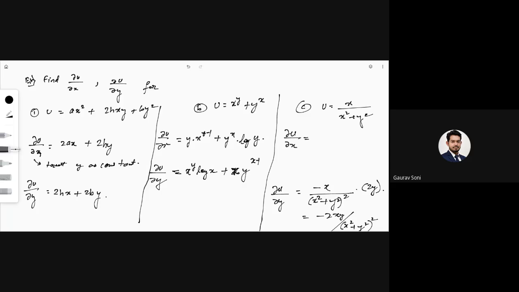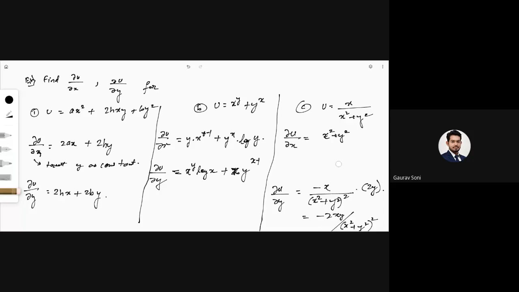Please tell me the first one. So it will be (x² + y²) into 1... No, tell me the final answer.